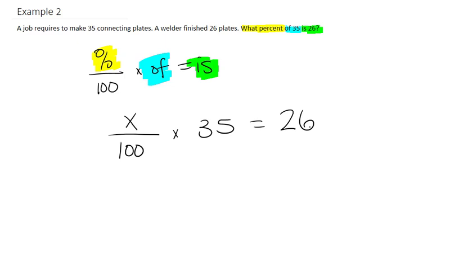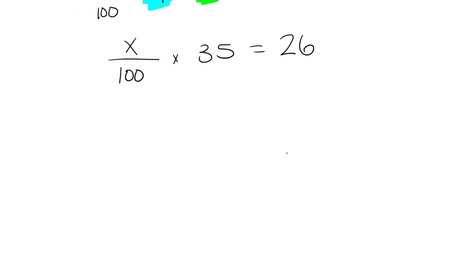Now we need to go ahead and solve for x. So how we can do that is we'll have to manipulate this equation. One way to do this is when we have x over 100 times 35, it's really just rewriting this as 35x over 100, which is equal to 26.